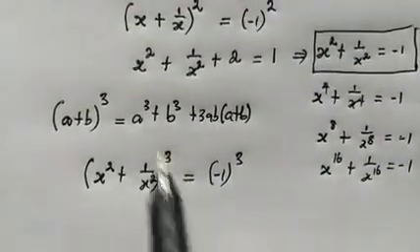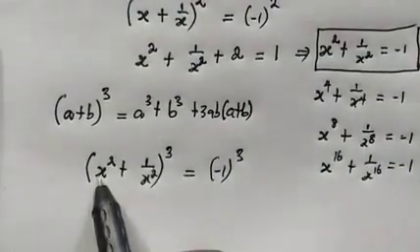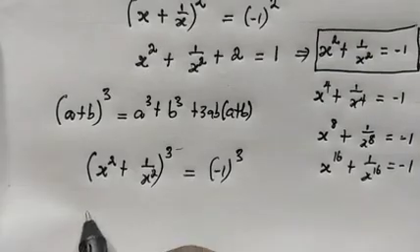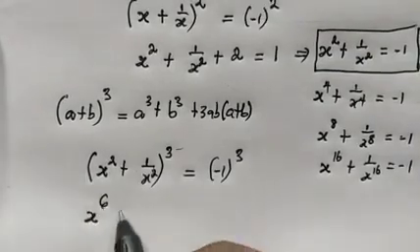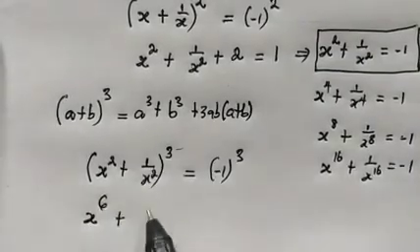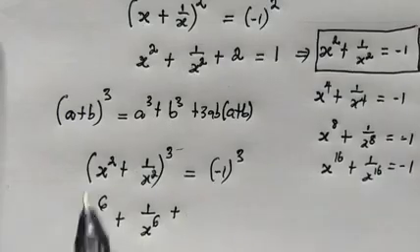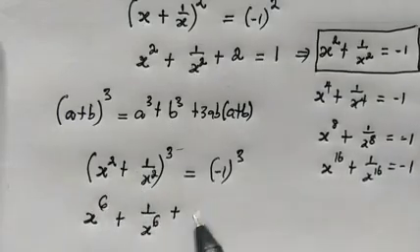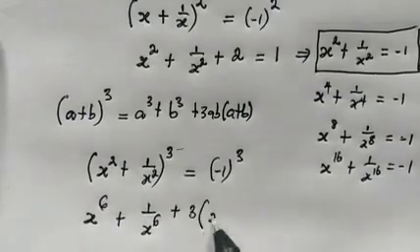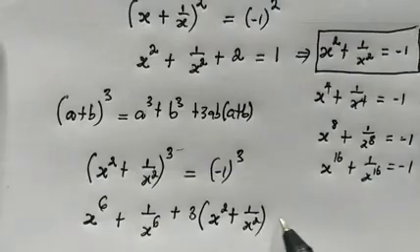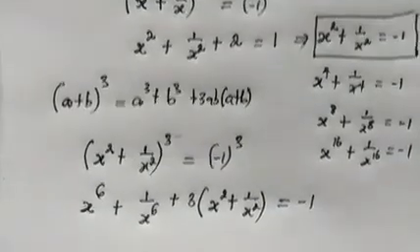So applying this property here, x squared cubed, 2 times 3 will give us 6, so that will give us x to the power of 6. Plus, if we cube this one, we get 1 over x to the power of 6. Plus, 3 times this times this will give us 1, so we have just 3, then into bracket x squared plus 1 over x squared, and this is equal to -1.